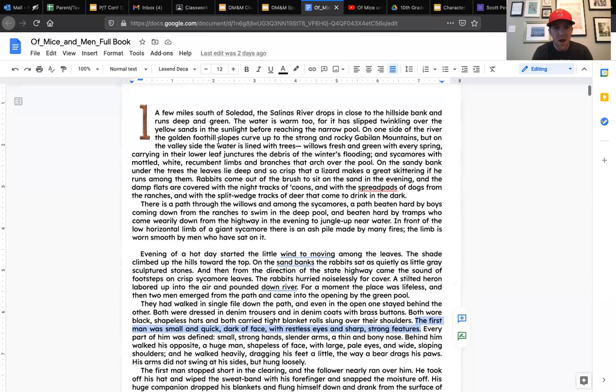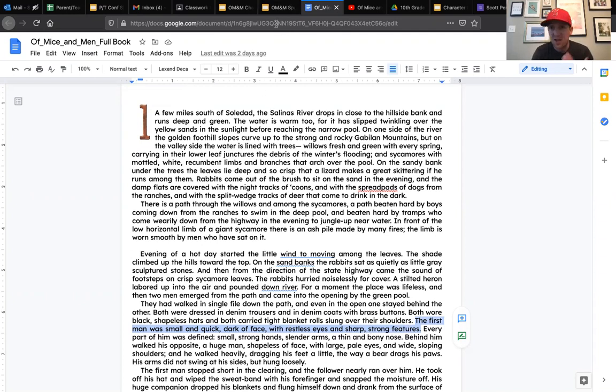Here's chapter 1, and you're going to notice I have something highlighted here. In the second paragraph after the first break, we get, "The first man was small and quick, dark of face, with restless eyes and sharp, strong features." Now, I know that that is George.